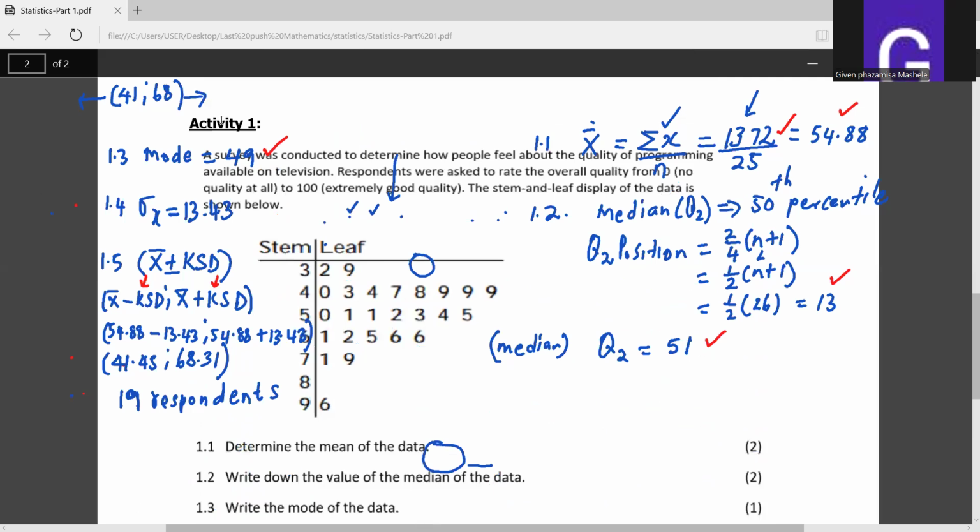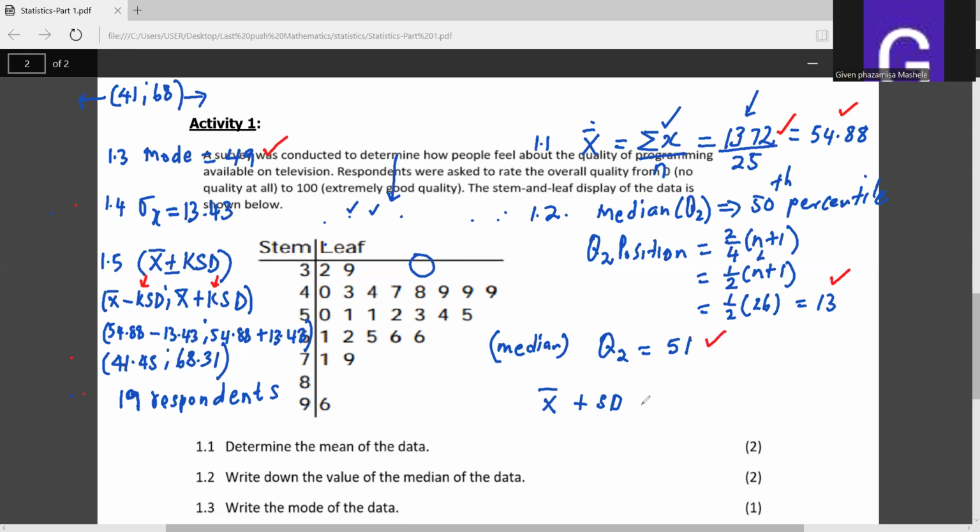We are not interested in the ones falling below, we are interested in the ones falling above, which means we want the upper limit, not the lower limit. So we consider only the mean plus k times the standard deviation, which is just the SD because k is 1.